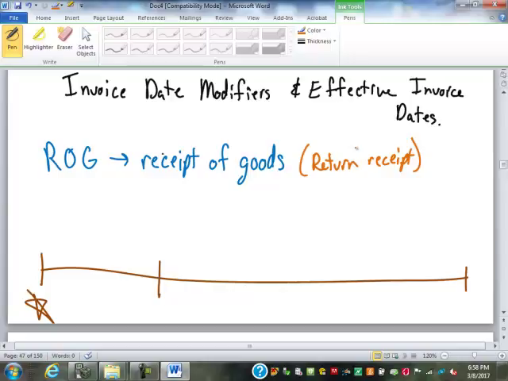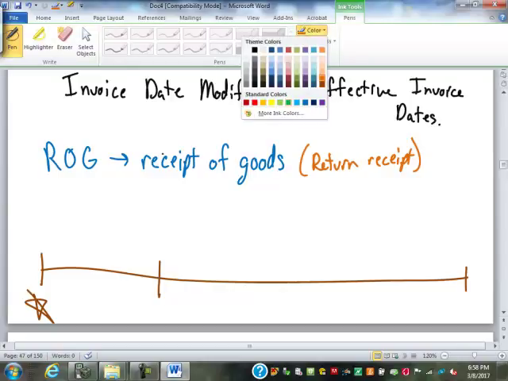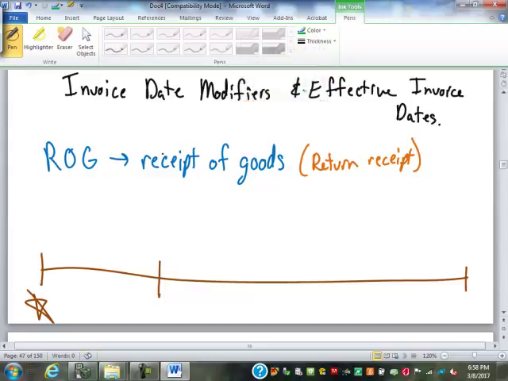So they get that message saying it was delivered today. Then they're going to put that in as the effective invoice date. The date that the goods are received, or the date that the shipping company says the goods were dropped off, is the day that this timeline starts. We'll look at some examples of that in a minute.